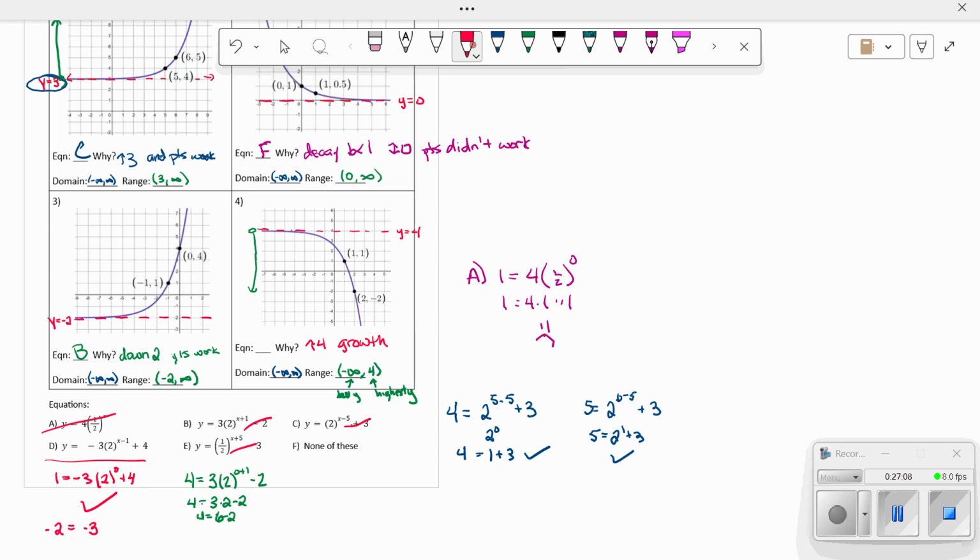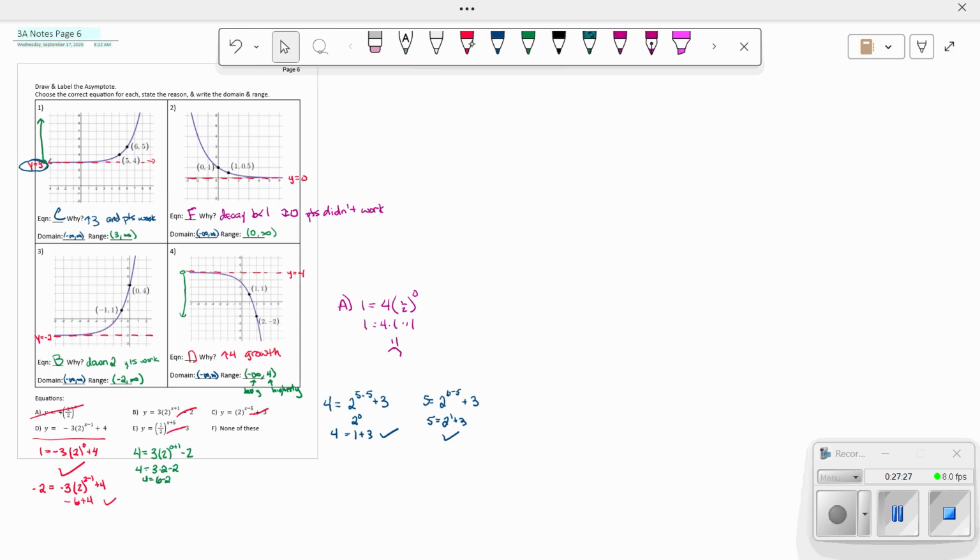If I plug in 2, right, I put that in, I would get negative 6 plus 4, which does work. So it's 4, it's growth, the points work. I'm at equation D. So this one is a little bit longer.